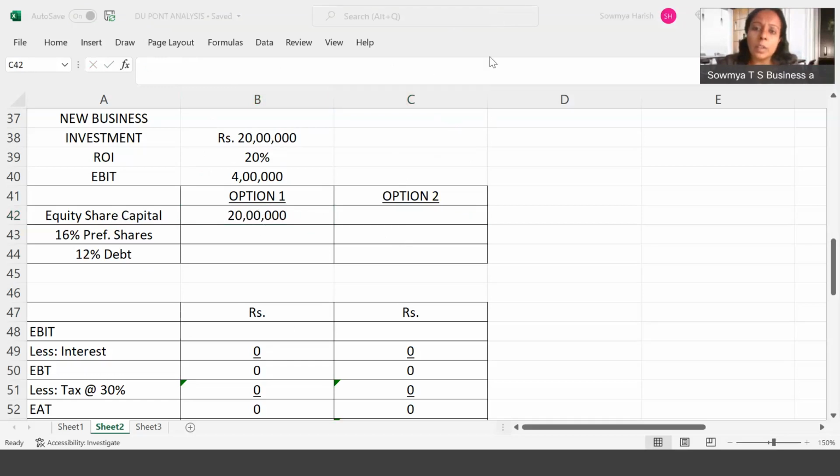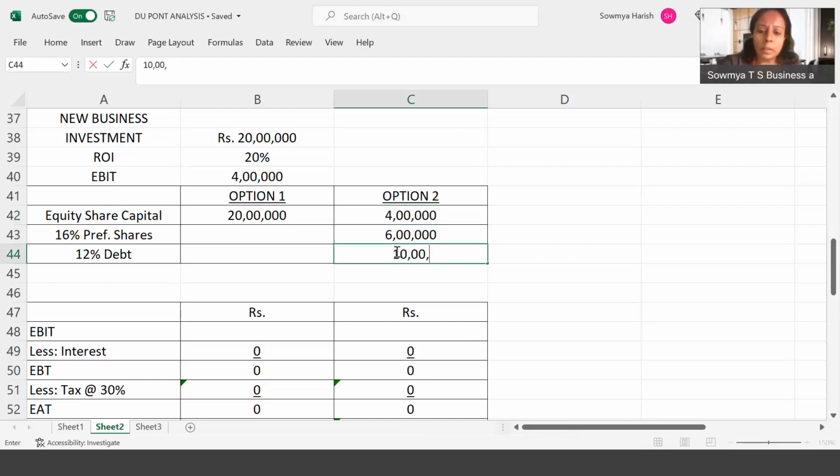So now we'll take a hypothetical example. First option, you would like to raise the entire 20 lakhs with the help of equity share capital. In the second option, you think that you want to raise it through 4 lakh of equity share capital, 6 lakh through preferred share capital, and 10 lakhs through debt capital.